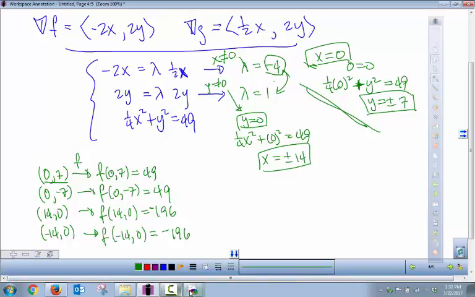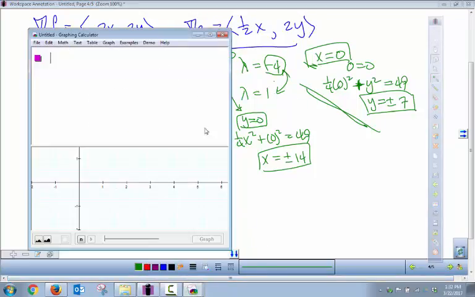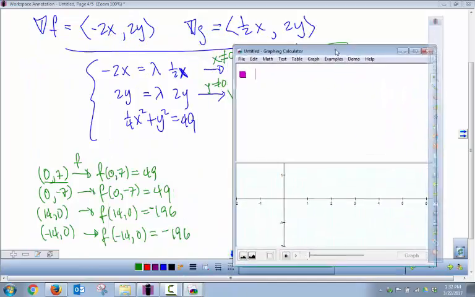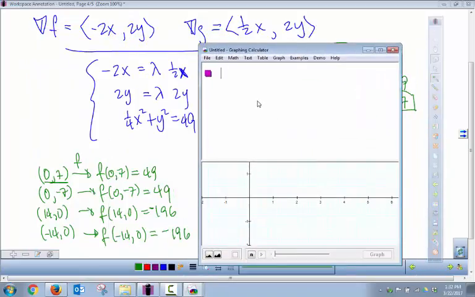Yeah, so let's see the picture. We have the constraint, what was the constraint again? It's 1/4 x squared plus y squared equals 49.